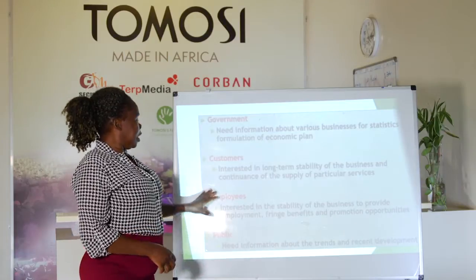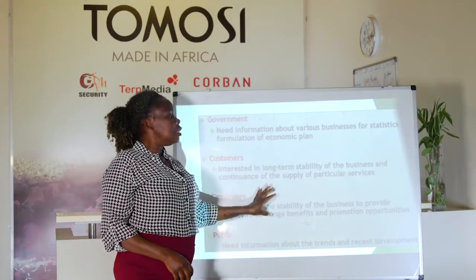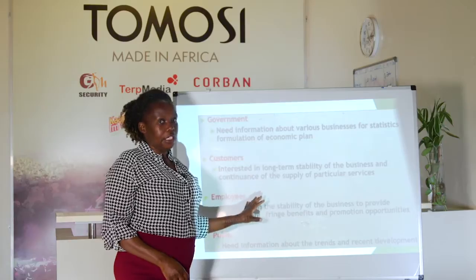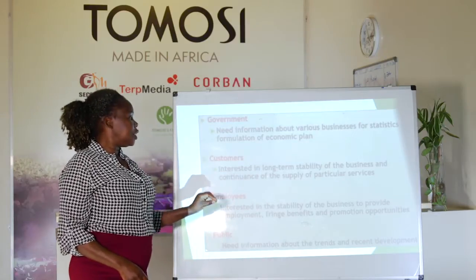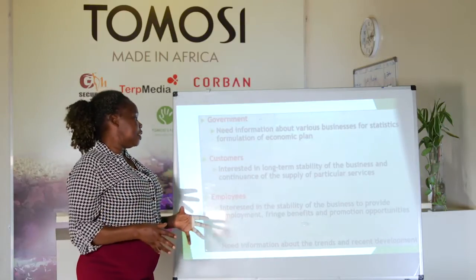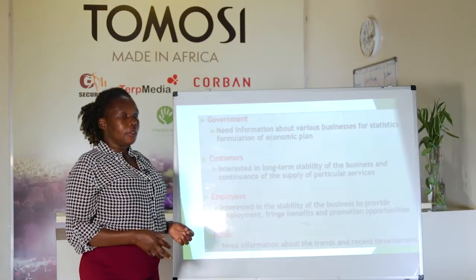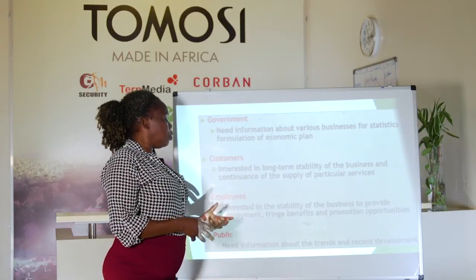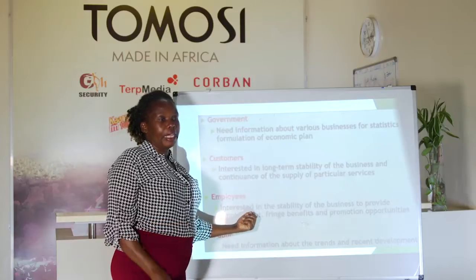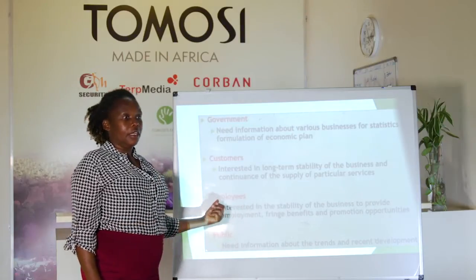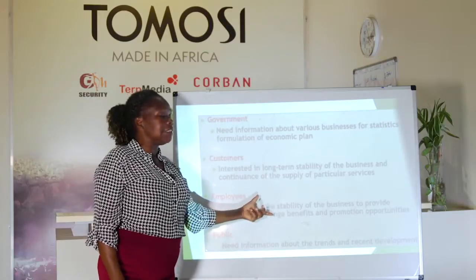So employees are interested in business stability. Employees are interested in payments, and that makes us stakeholders. That makes us people who have interest in a company or in a business. We are users. And where do we all get this information from?